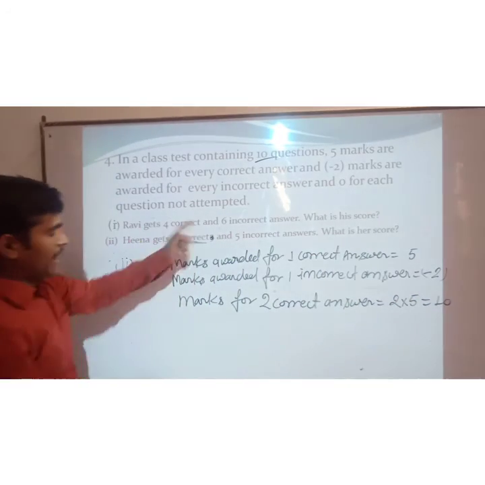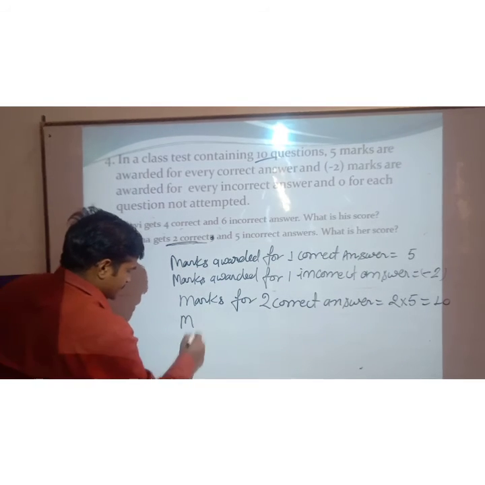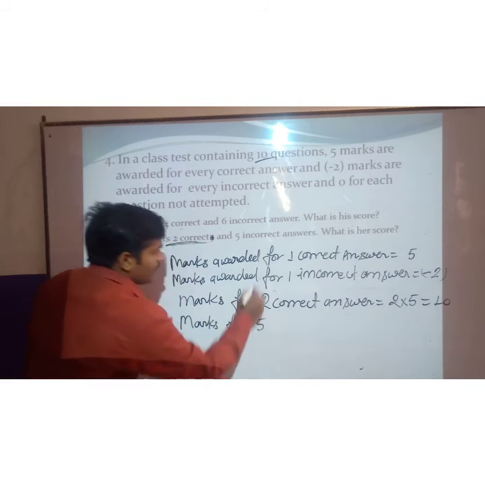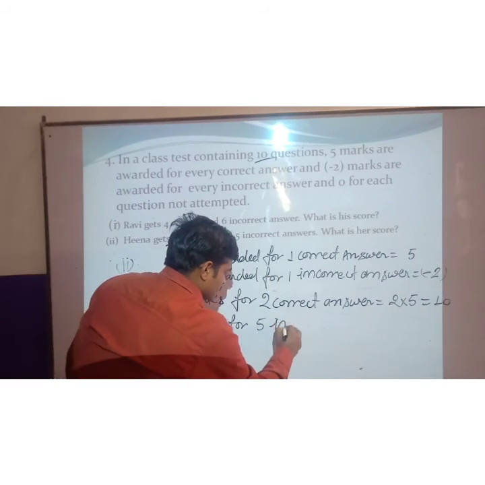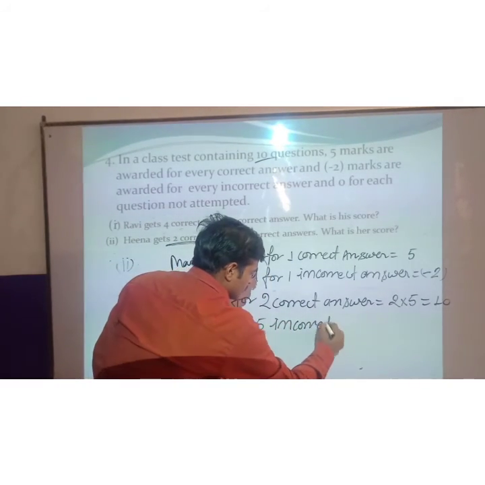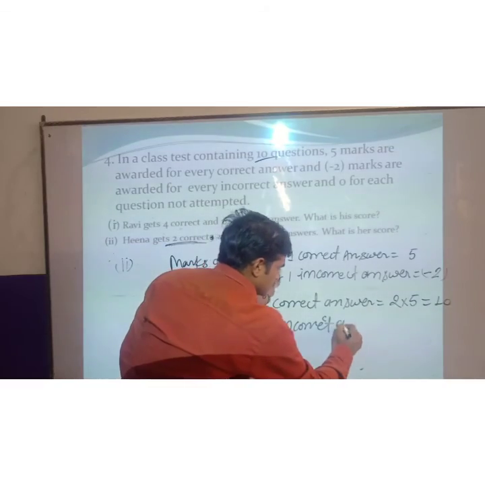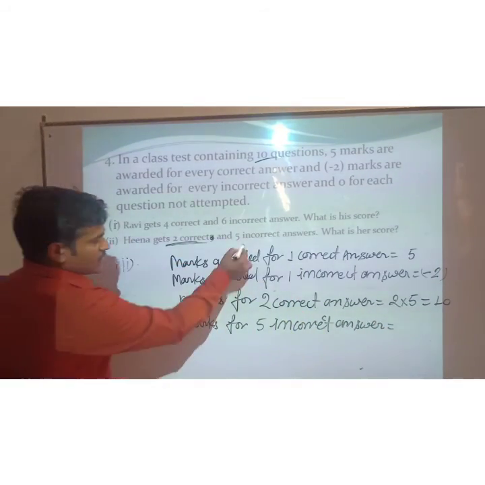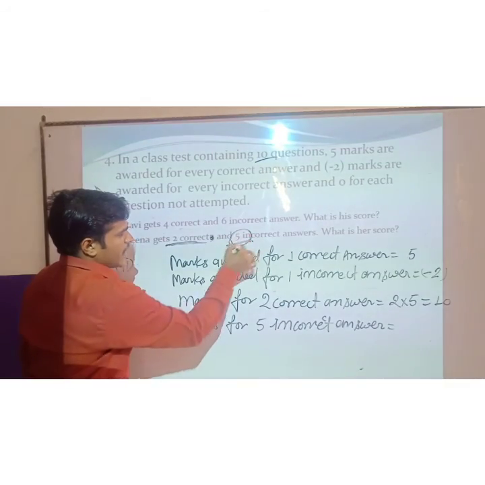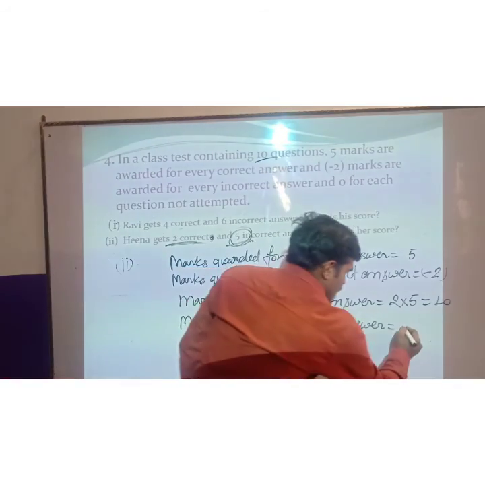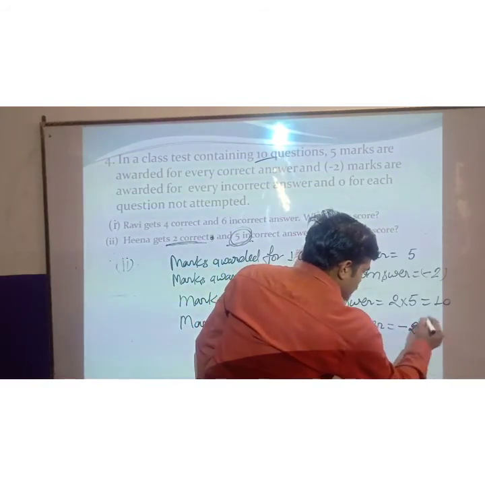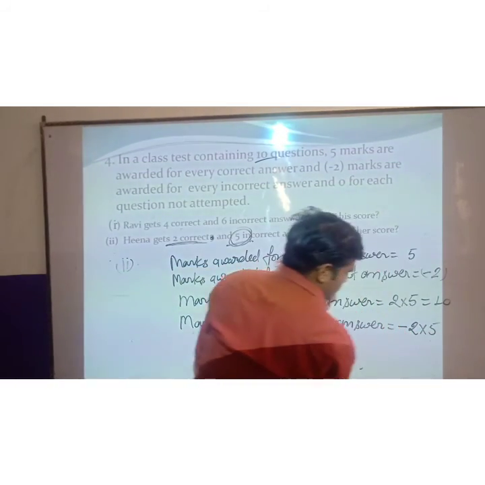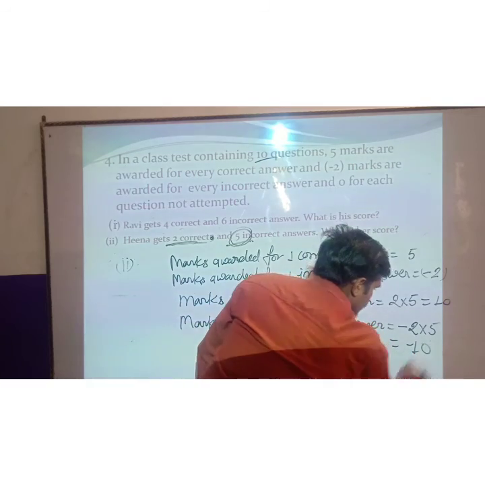Any doubt? And marks for 5 incorrect answers: minus 2 for 1 incorrect answer, total 5 questions, so it is equal to minus 10.